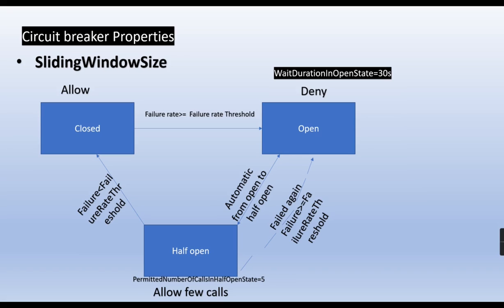In half open we need to set the permitted number of calls in half open state equal to 5. If these 5 calls succeed, then another 5 calls hit, and those also succeed, that means this half open state is ready to serve fully. Then this half open will become the closed state.